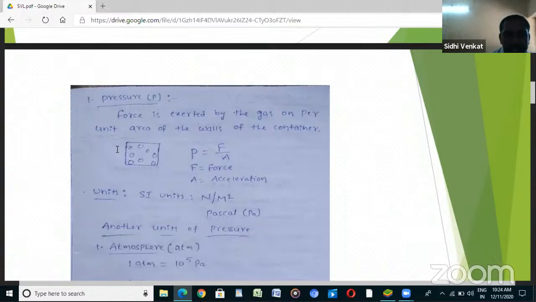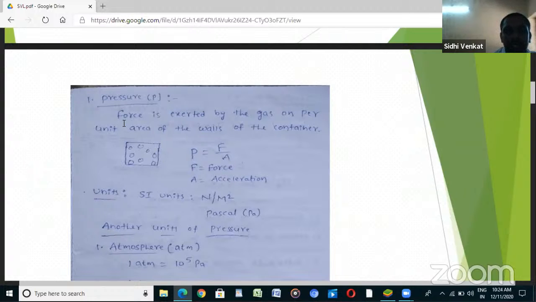Here, look, students, taking the wall. If these are the gaseous molecules, the force is exerted by the gas on unit area of the walls. These are the walls of the container.